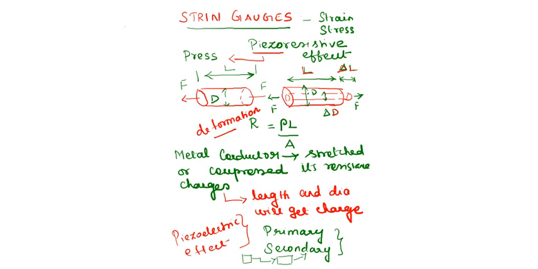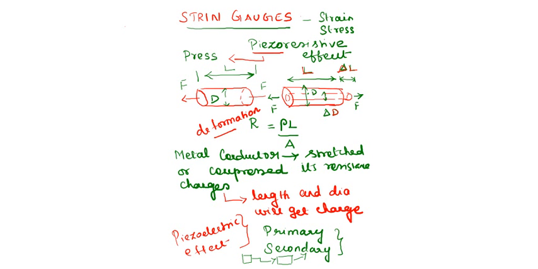So here we use strain gauges as secondary transducers also. It acts as a secondary transducer whenever you connect it with a device such as a diaphragm type pressure gauge, a torque meter, or an accelerometer for flow measurement.